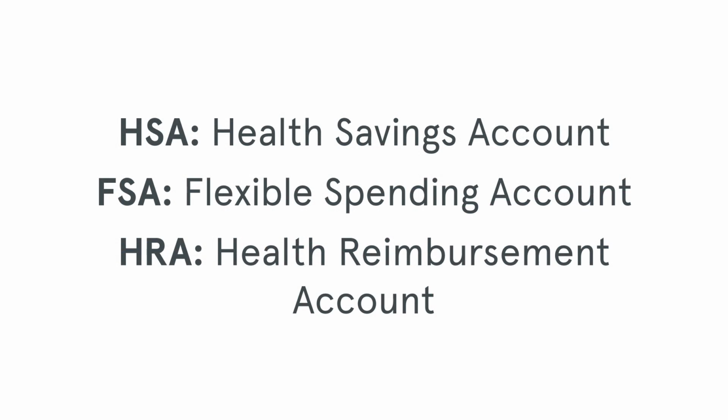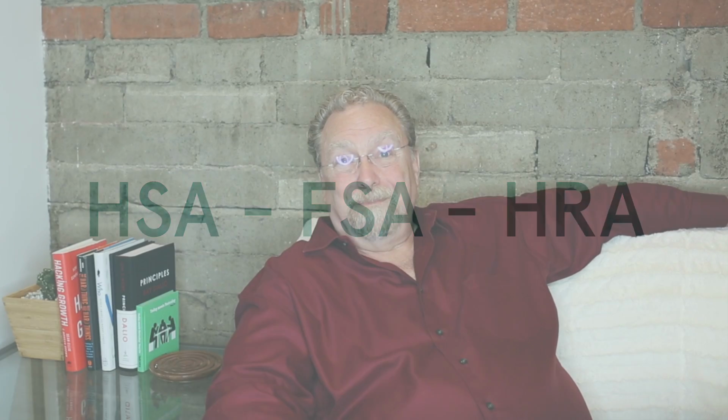Hi there, Charlie here. Every time Charlie Chats rolls around, we decipher another item in the odd language of insurancese. This week on Charlie's Chats, we're going to talk about health savings accounts, flexible spending accounts, and health reimbursement accounts, aka HSA, FSA, and HRA.